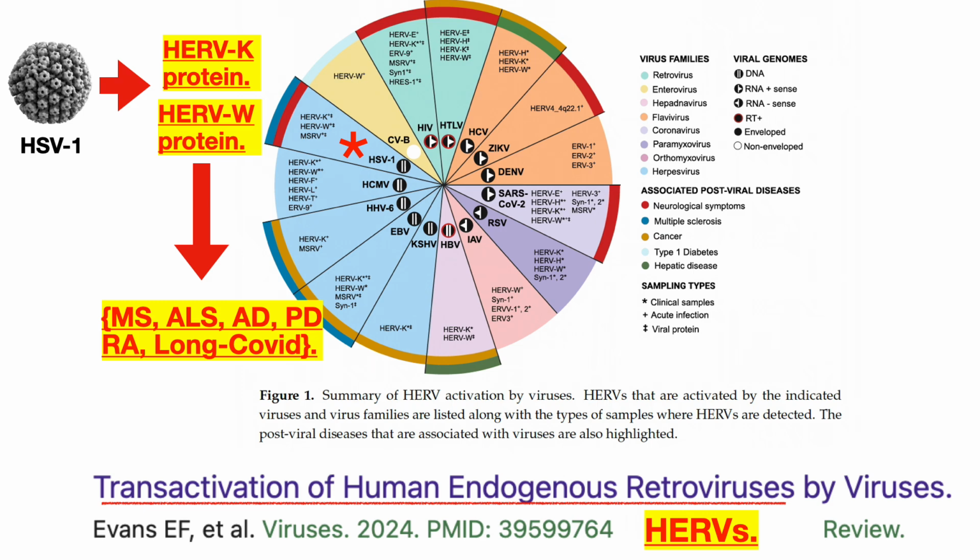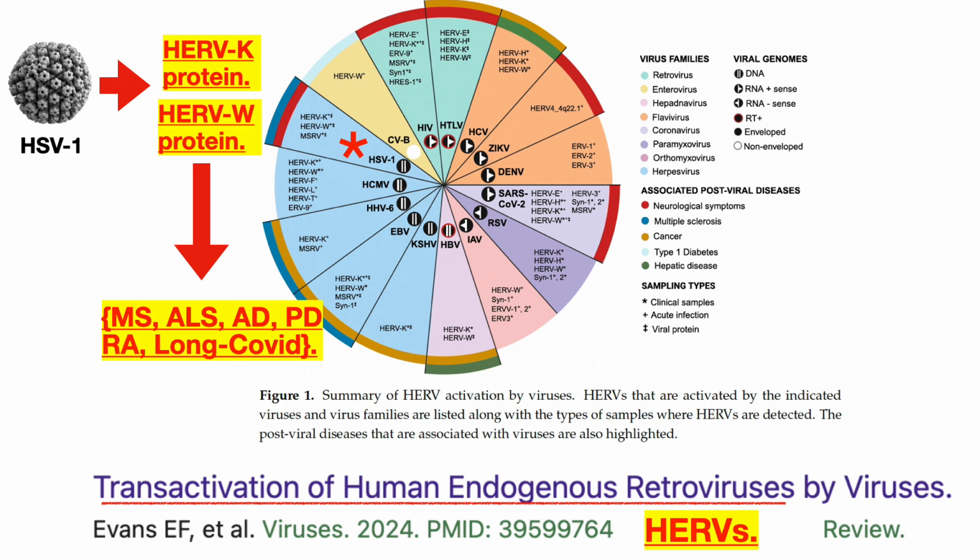These disease states are highlighted by the outer rim of this wheel diagram. If you'll look to the right, you see a code for this information, associated post-viral diseases, neurological symptoms, multiple sclerosis, cancers, type 1 diabetes, hepatic disease. On the left, I have highlighted a specific herpes virus, HSV1, which we will discuss further in this YouTube series.